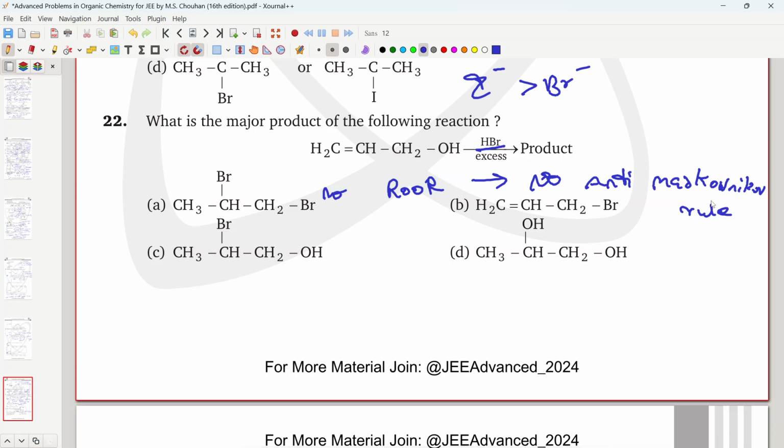First the substrate is allylic alcohol, the reagent is excess HBr. So step 1, the OH is replaced by Br, which will give us an allylic bromide, CH2=CH-CH2Br.